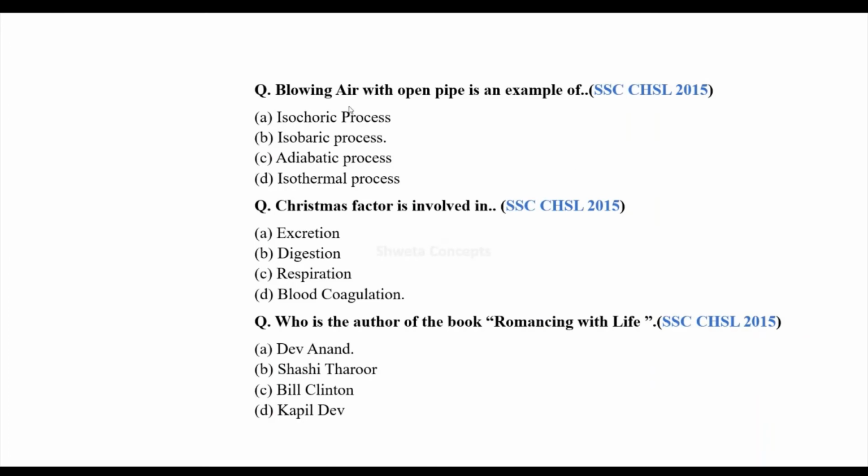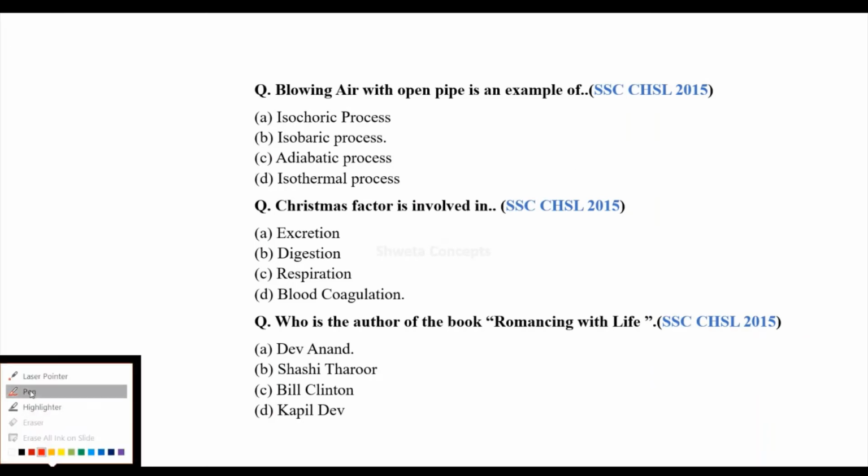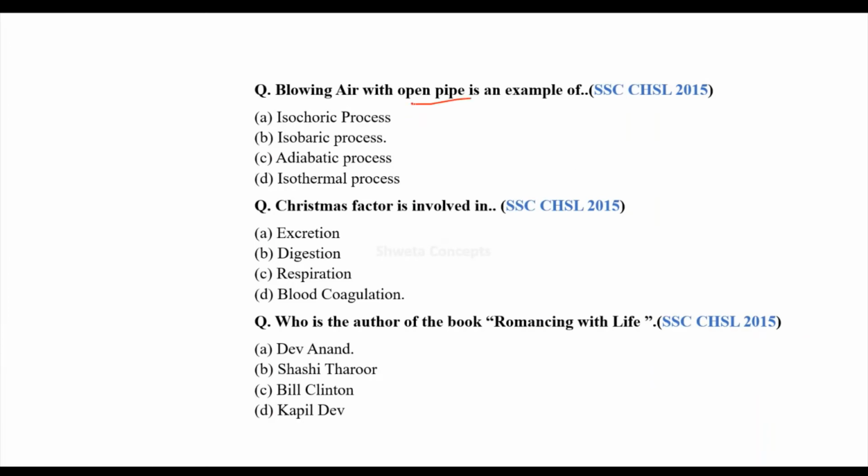Now, blowing of air with an open pipe is an example of which process: A, isochoric process, B, isobaric process, C, adiabatic process, and D, isothermal process. The correct answer is isobaric process. Blowing of air with an open pipe is an example of an isobaric process.